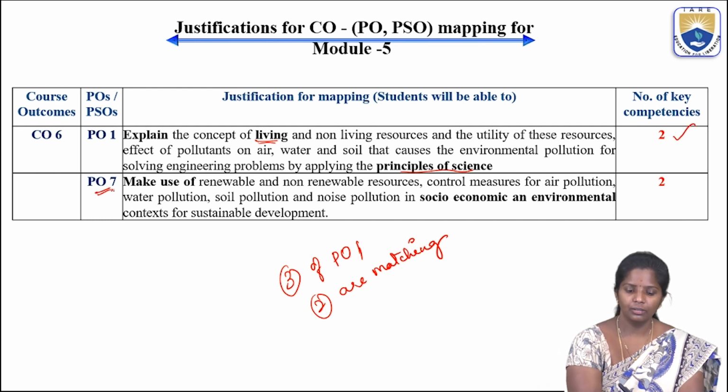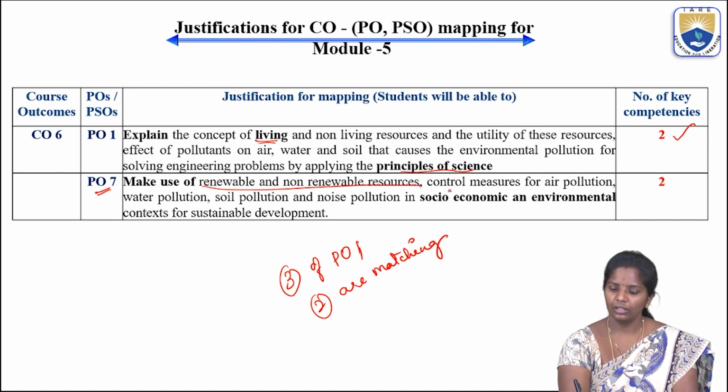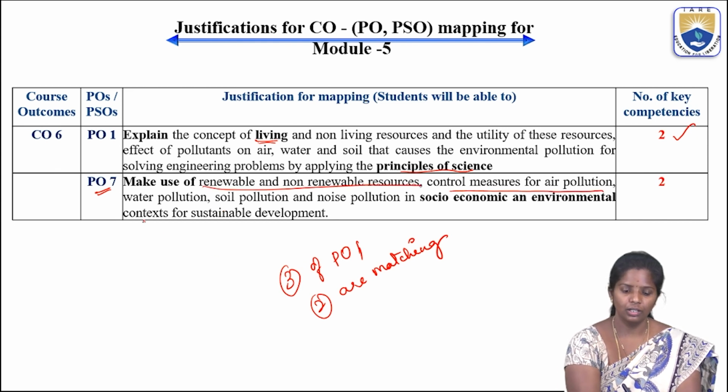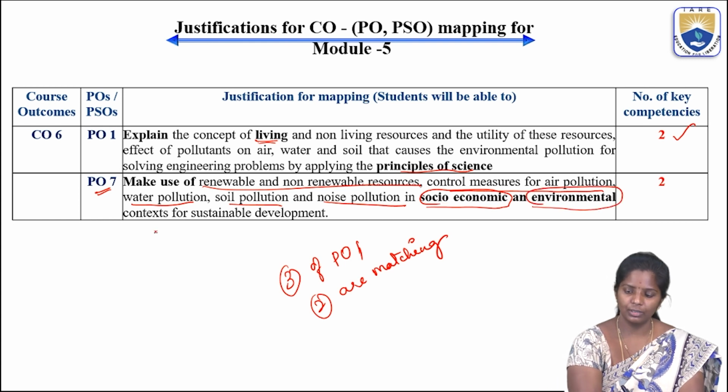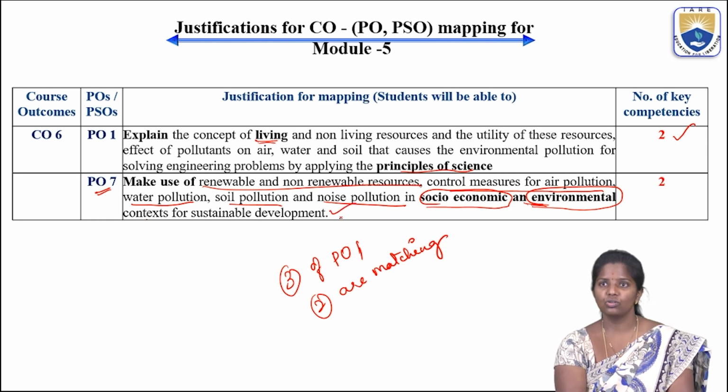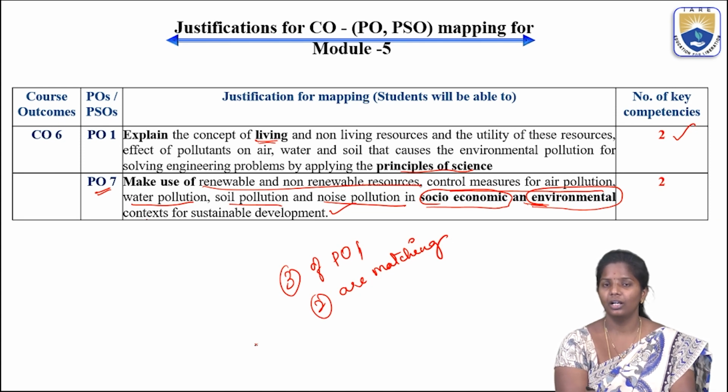Then in PO7, make use of renewable and non-renewable resources, control measures of air pollution, water pollution, soil pollution and noise pollution in socio-economic and environmental sustainability. So this is the environmental context for sustainable development. Out of socio-economic, political and environmental sustainability, only 2 of the 3 are matching. So we are giving 2.